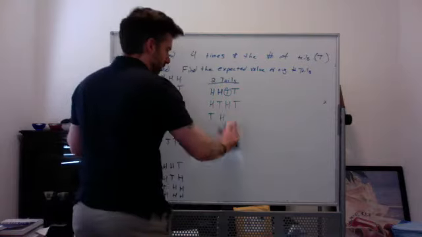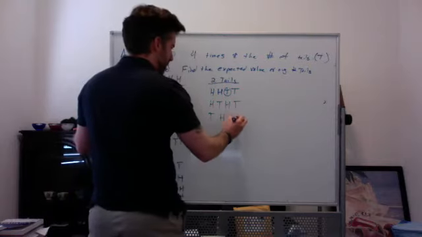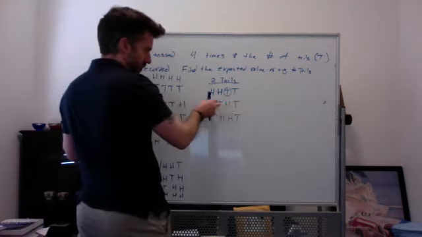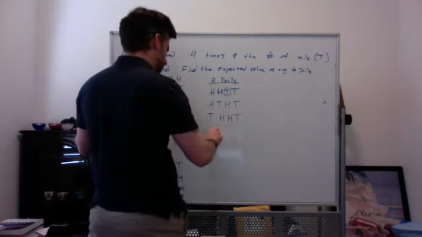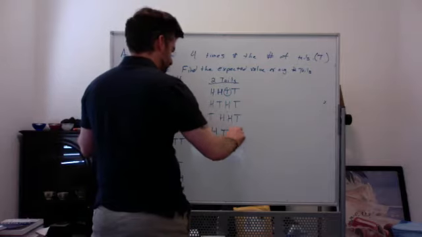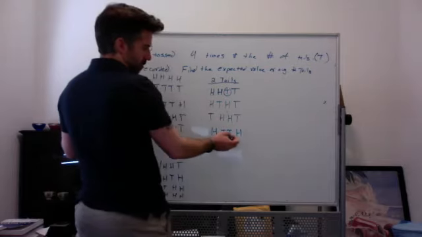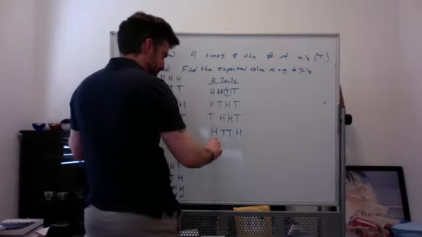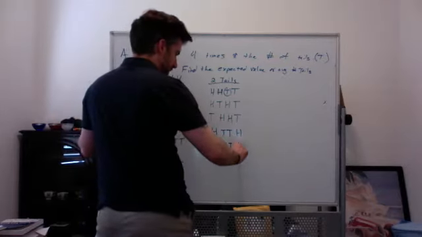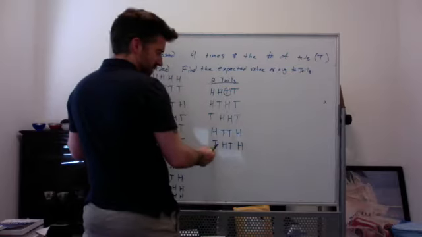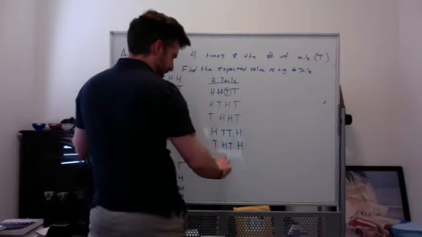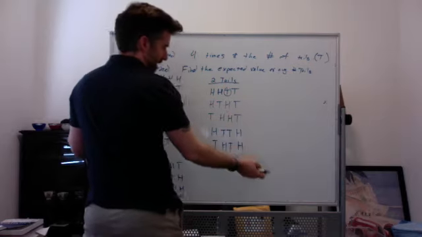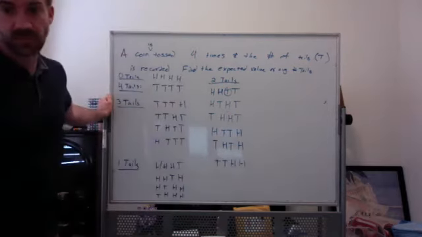I'm just moving that one over, and when I've exhausted how many times I can move it, I move the other one over and move this one back. So now heads, tails, heads, tails, then tails, heads, heads, tails, and so on, until I have tails, tails, heads, heads. That's 1, 2, 3, 4, 5, 6 ways to get 2 tails.